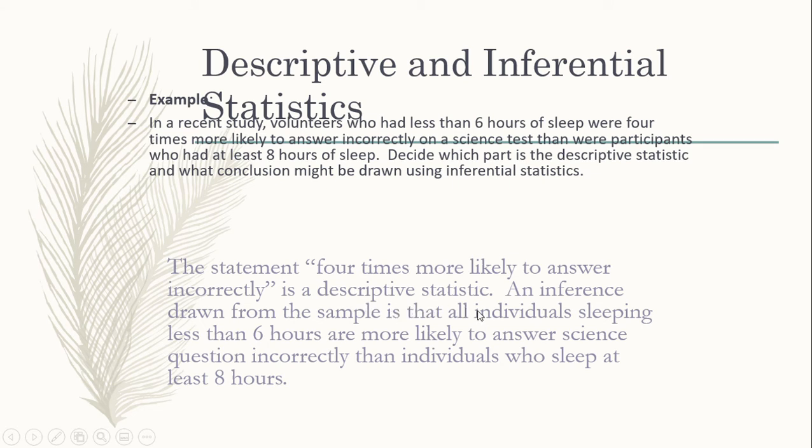So the statement 4 times more likely to answer incorrectly is what? Descriptive statistics. And the inferential conclusion drawn from the sample is that all individuals sleeping less than 6 hours are more likely to answer science questions incorrectly than individuals who sleep at least 8 hours.